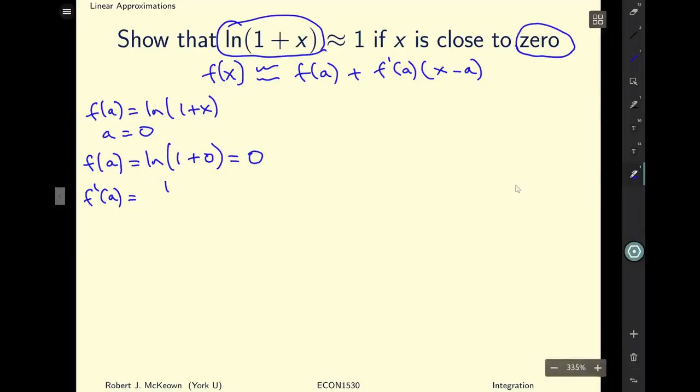And the derivative of that is 1 over 1 plus x, which is equal to 1 over 1 plus 0, which is equal to 1. So you always want to take the derivative before we sub in an actual value for a and x.